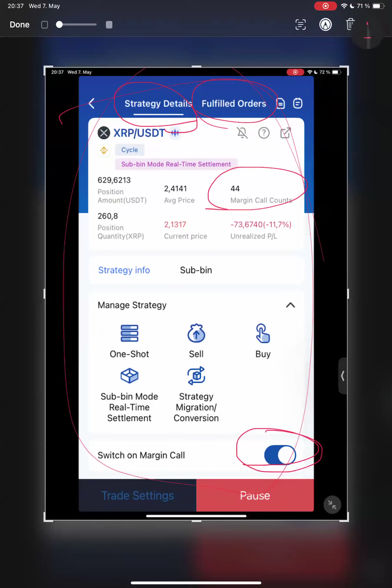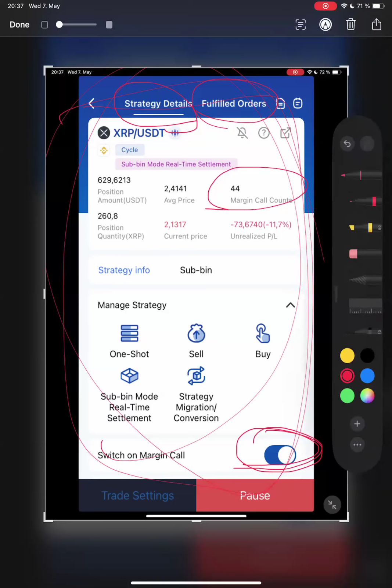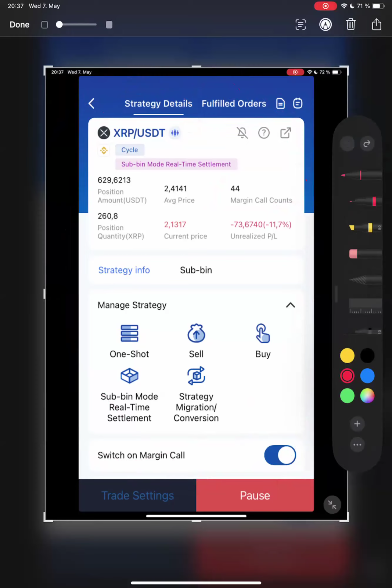This is the transaction page. You come here and tap on switch on margin call. Then it will continue. If you don't switch it on and the price is going down, your floating loss will also be increasing. I hope that is clear.